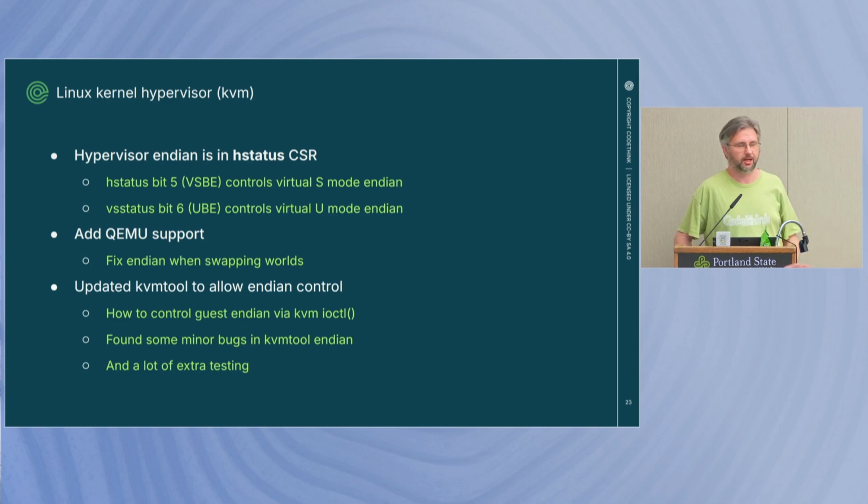Again, if you're doing page table walks, the hypervisor does it in the host endianness, and the layer that does the translation for the guest is done in the VSBE mode. And also then you've got the VSTATUS UBE, which is the mode for the U mode in the hypervisors.